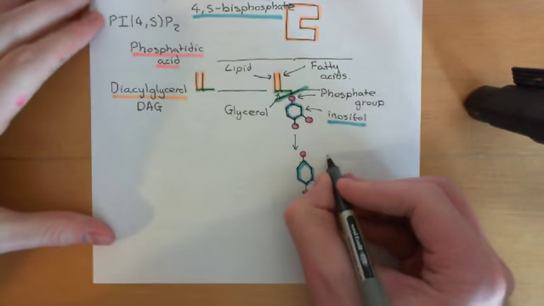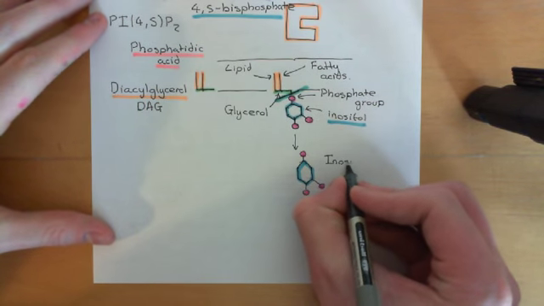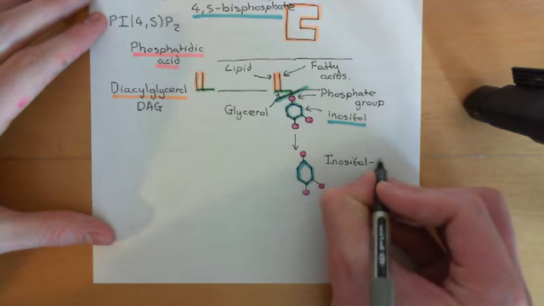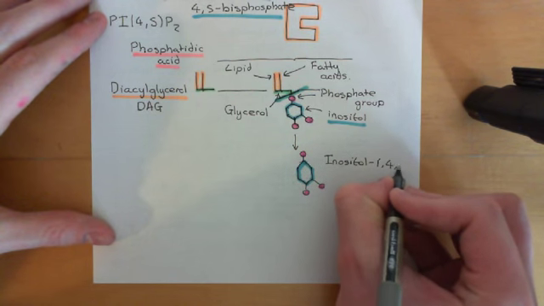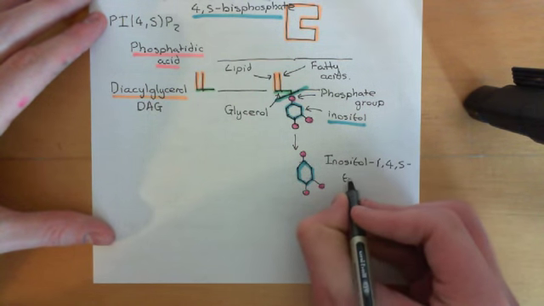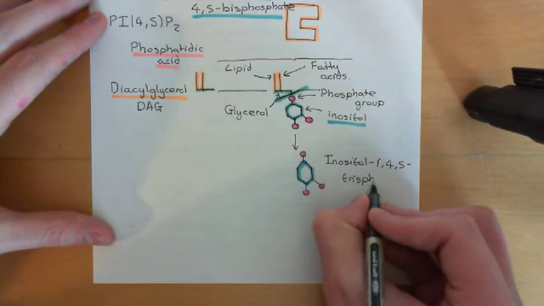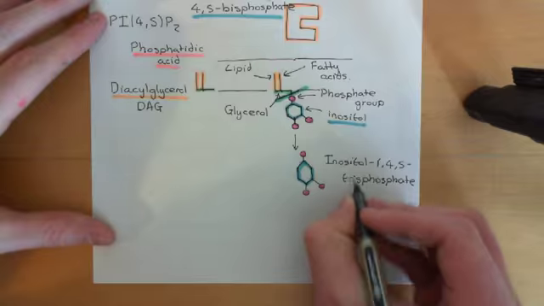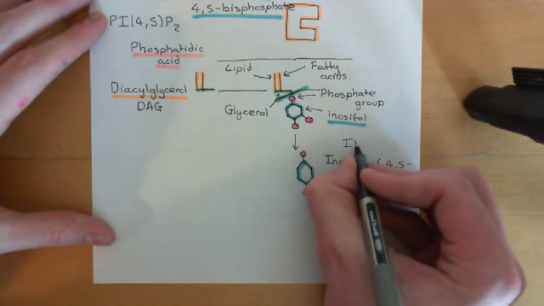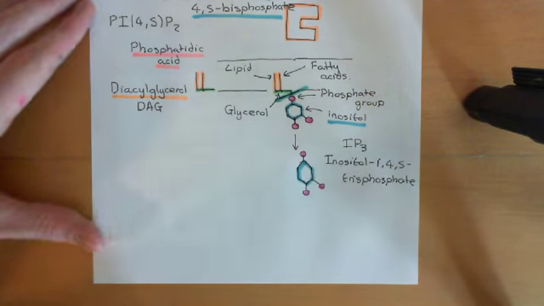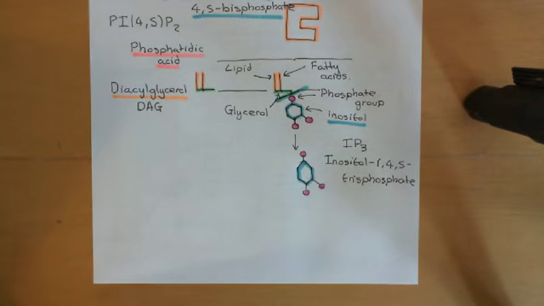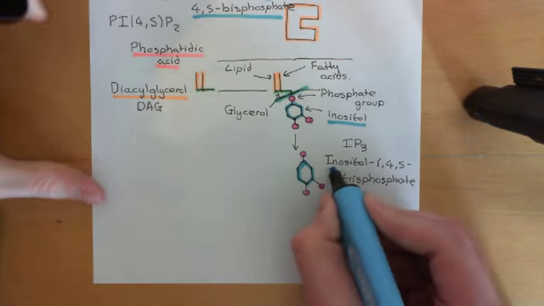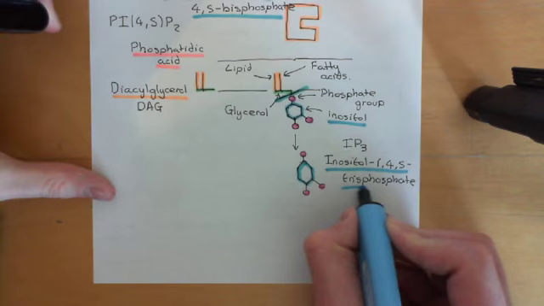That molecule now is called inositol 1,4,5-trisphosphate. And for short, inositol 1,4,5-trisphosphate is usually abbreviated down to I for inositol, P for phosphate, and then because you've got 3 of them, IP3. Okay, so that's inositol 1,4,5-trisphosphate.